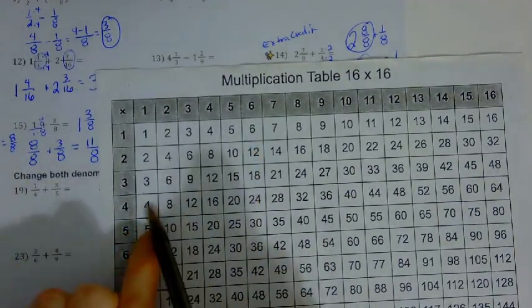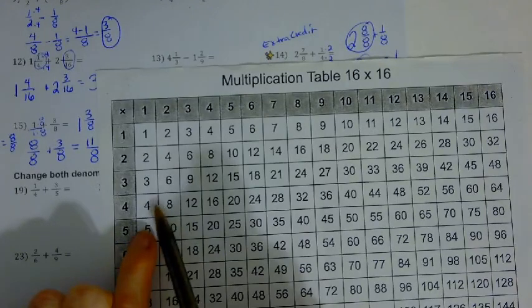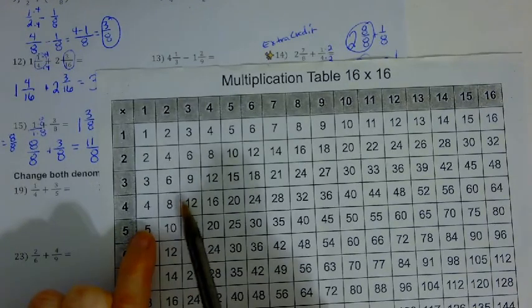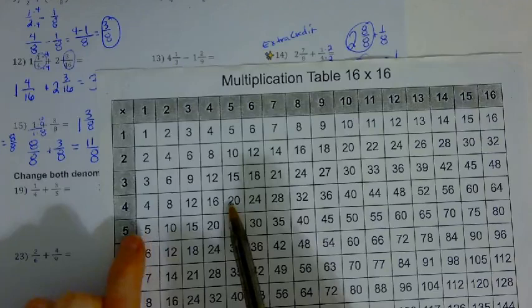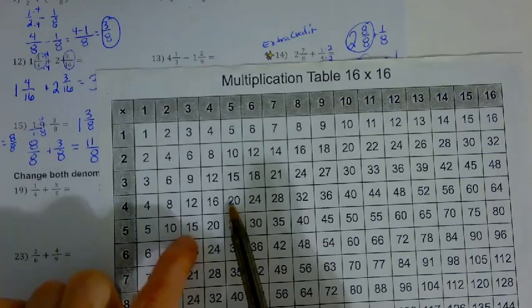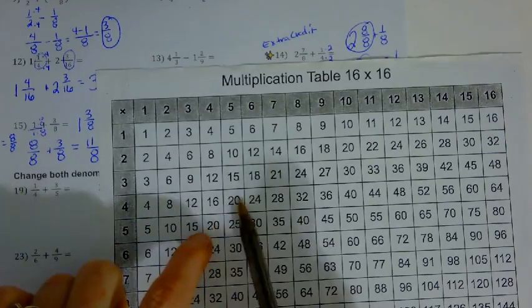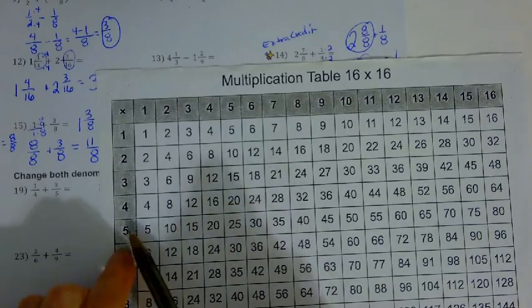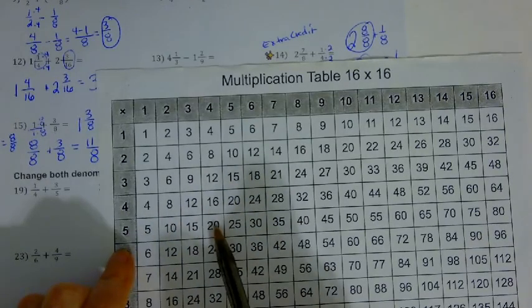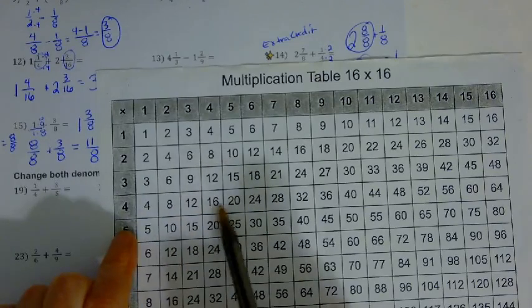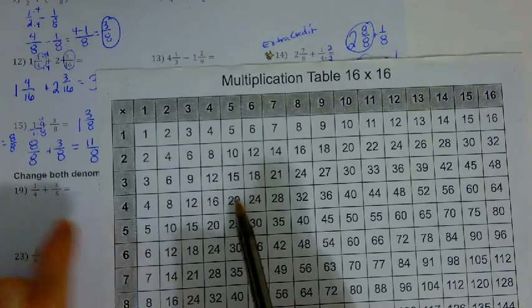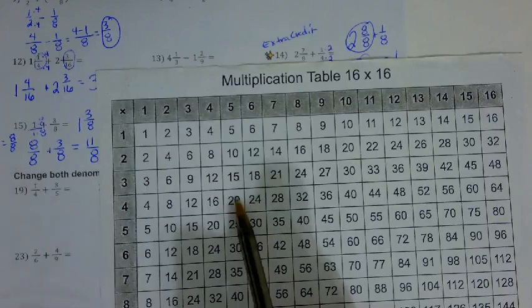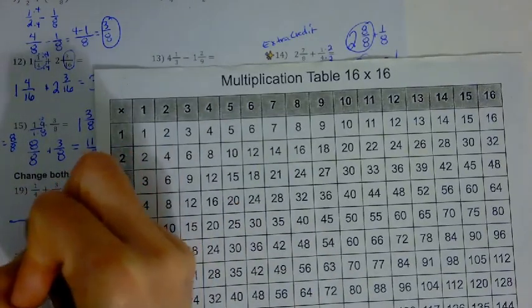So remember, these are all multiples. So 4, 8, 12, 16. There's 20. And if I look at 5, 10, 15, look, they share these numbers. So 4 can be turned into 20, and 5 can be turned into 20. So we're going to take 4 times 5 to make it into 20ths. In other words, both of these are going to become 20ths because that's the common multiple.